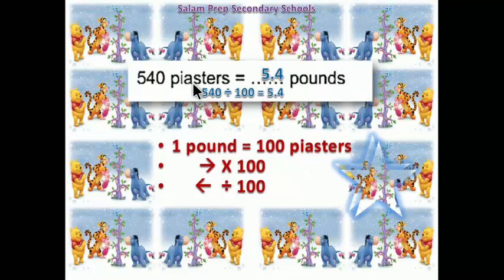Now we need to convert from piastres to pounds. To convert from piastres to pounds, we divide by 100. 540 divided by 100 equal, we can remove this 0. 54 divided by 10. The answer will be 5.4.